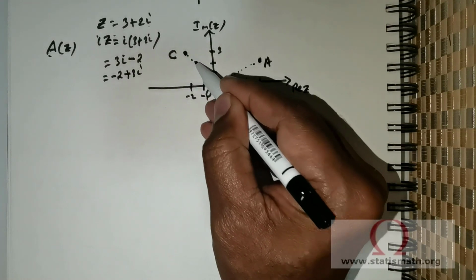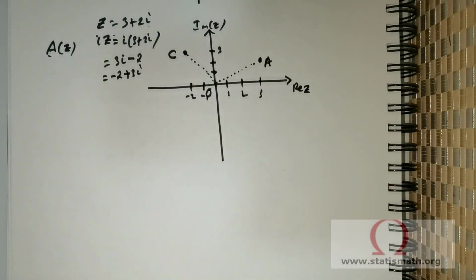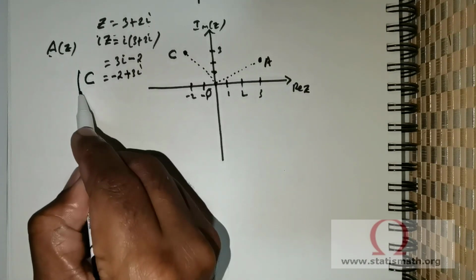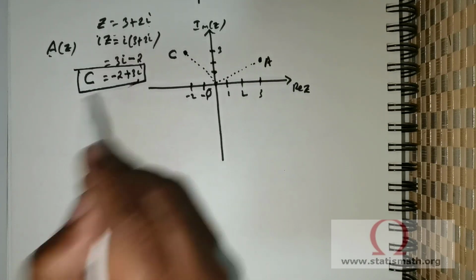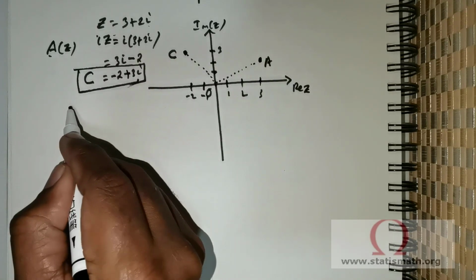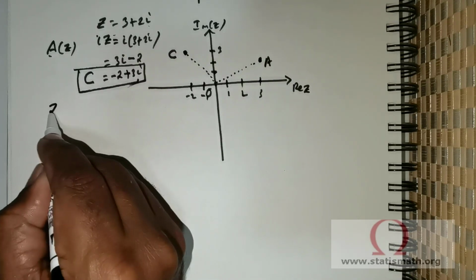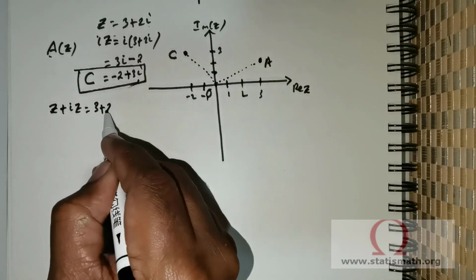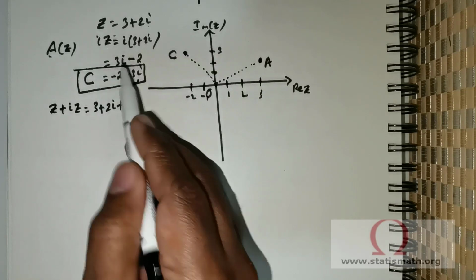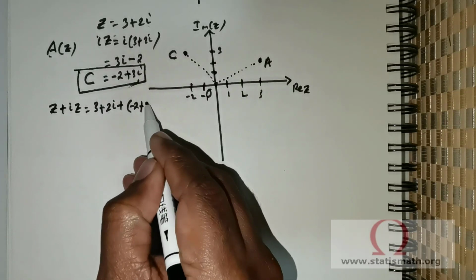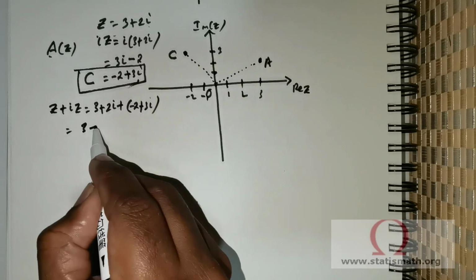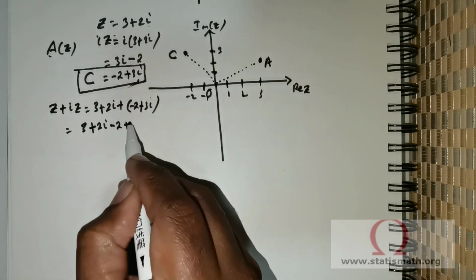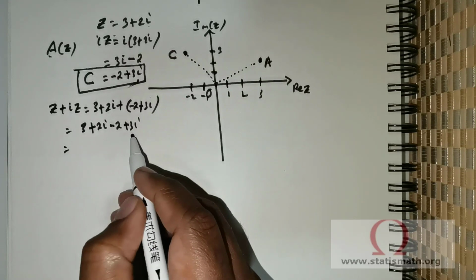So let us make the connection. So this is my vertex C. Now we got the final point. The final point is given to be z + iz. So z is 3 + 2i, and iz we know is -2 + 3i. So that's going to be 3 + 2i - 2 + 3i.